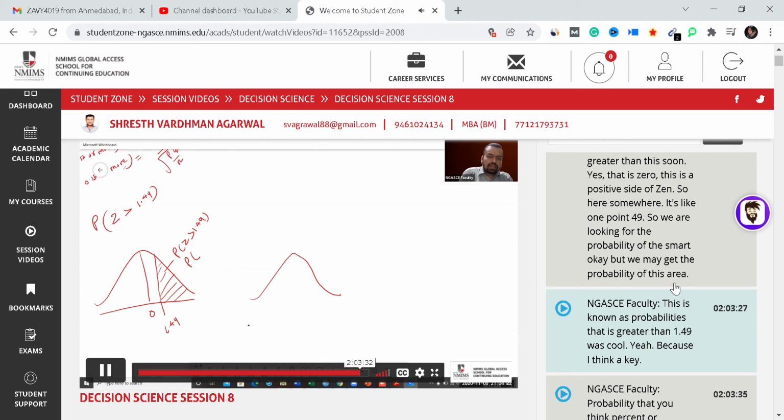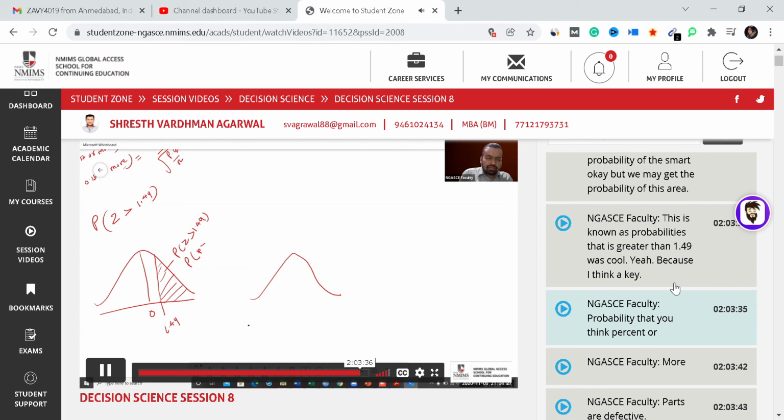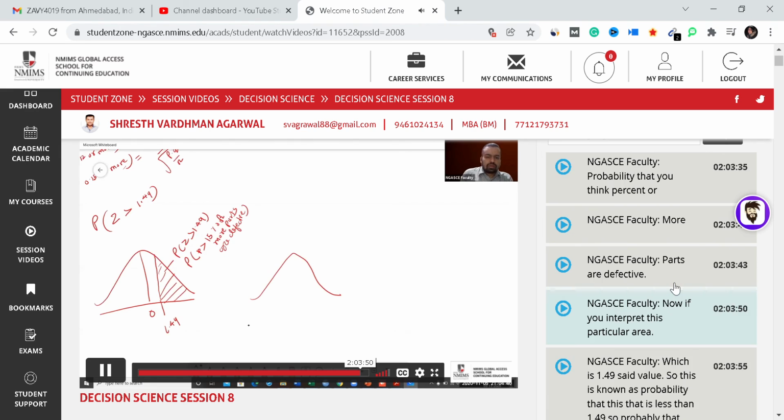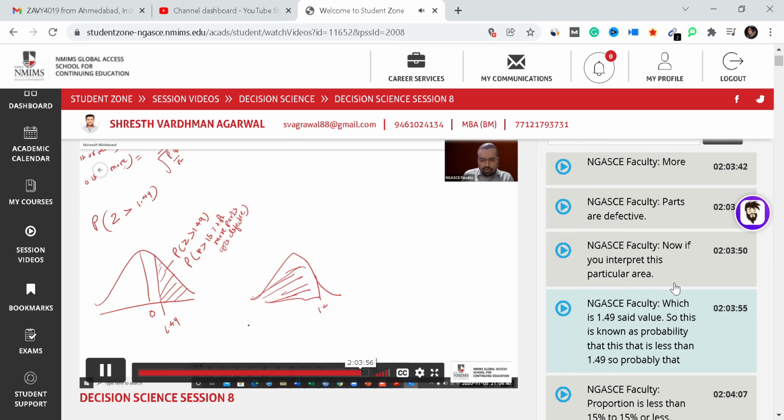It is also called the probability that 15% or more parts are defective. Now, if you interpret this particular area, up to the Z value of 1.49, this is the probability that Z is less than 1.49.